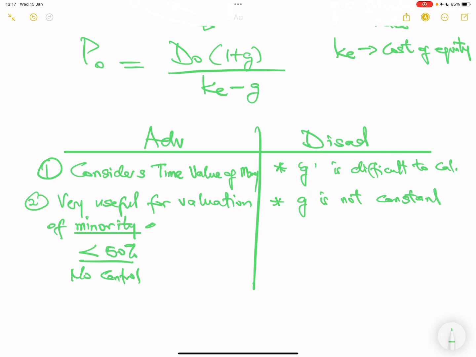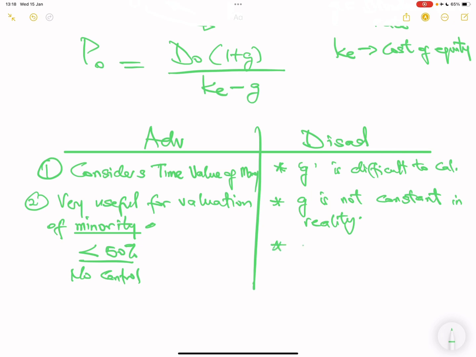Because no matter how perfect that company is, they cannot grow their dividend constantly. They can keep growing it, but at the constant rate, it's very unlikely because a lot of things will happen. COVID-19 will happen. Recession will happen. That you can't even make profit, let alone of being able to declare the same amount of dividend or even increase at the same rate. So it's never constant in reality. So that's a disadvantage as well.